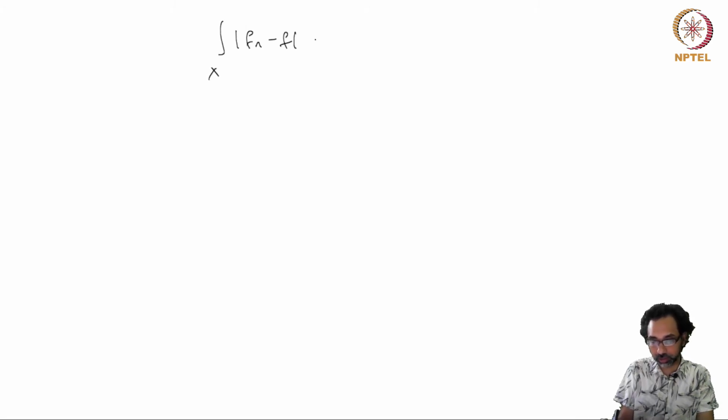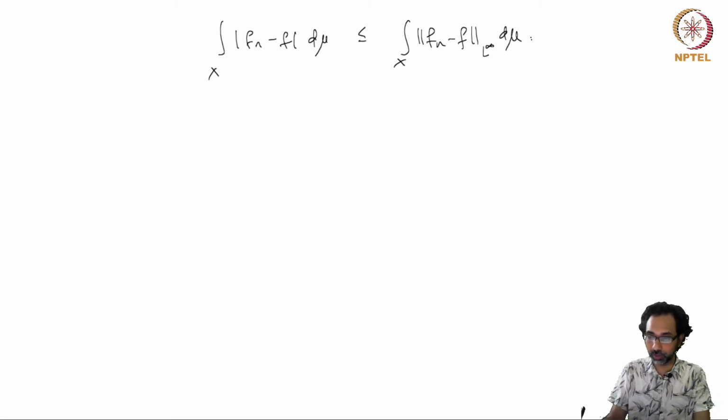So, let me rewrite this. The integral is less than or equal to the integral of the L infinity norm of Fn minus F d mu, and now this is a constant function over x. So, you can take this out of the integral.